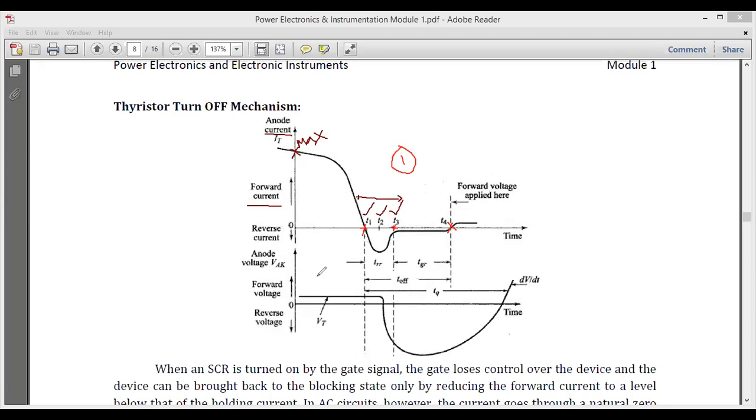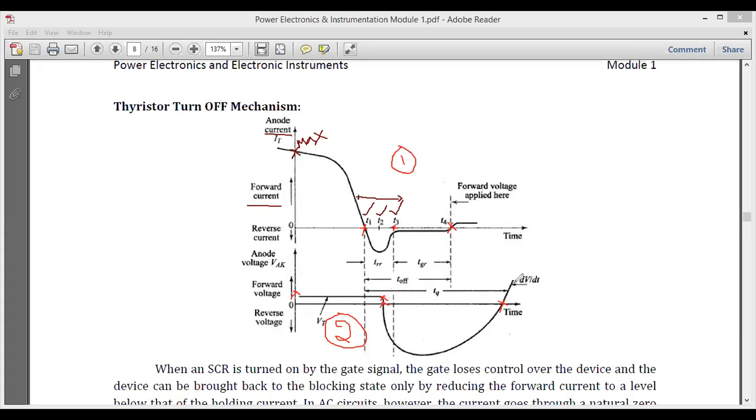In the second graph, there is a forward voltage which is applied in the positive direction above the zero line. At this point, this forward voltage goes in the reverse direction, from this point till this point.